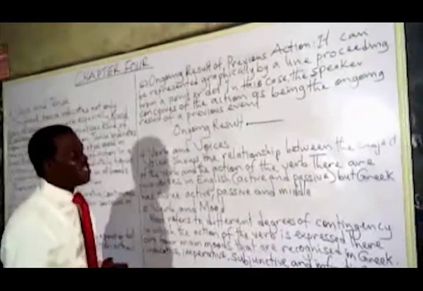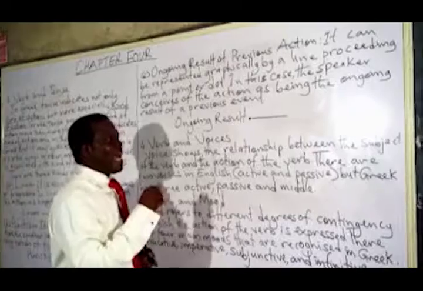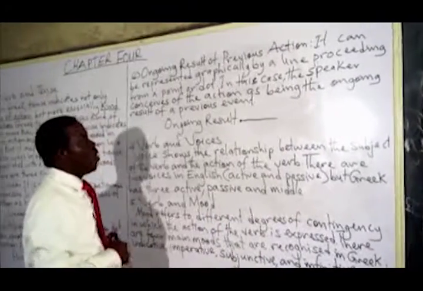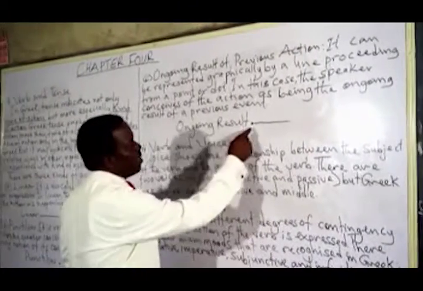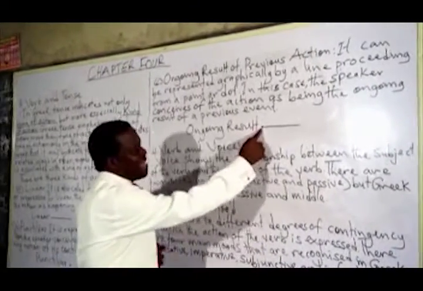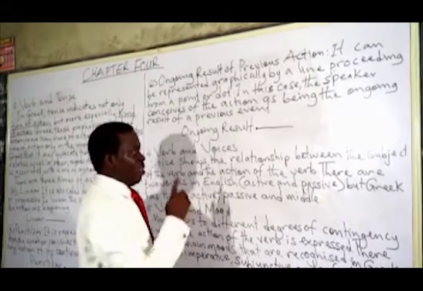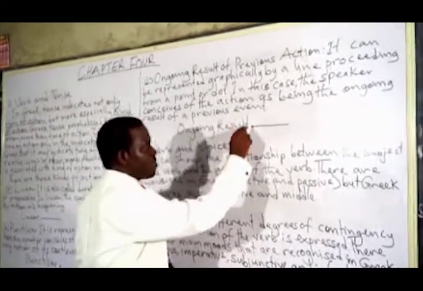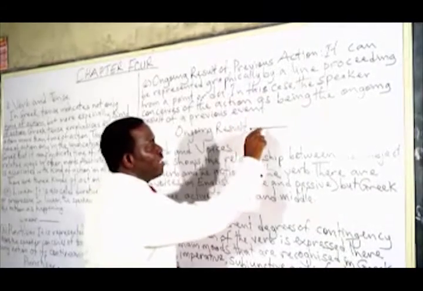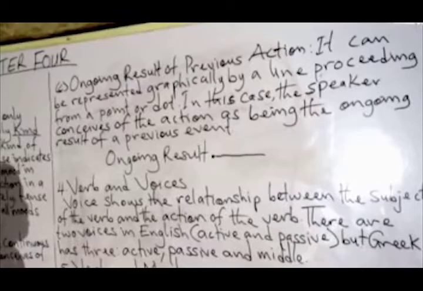In other words, an action that has started and the action is continuous. We use a dot and a line to represent an ongoing result. In other words, the action happens and the action continues. The effect of the action continues. And this is what we call ongoing result of a previous action.